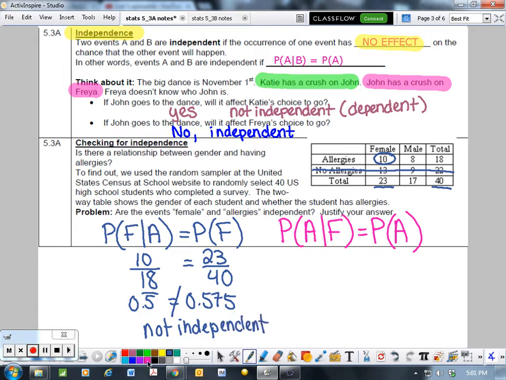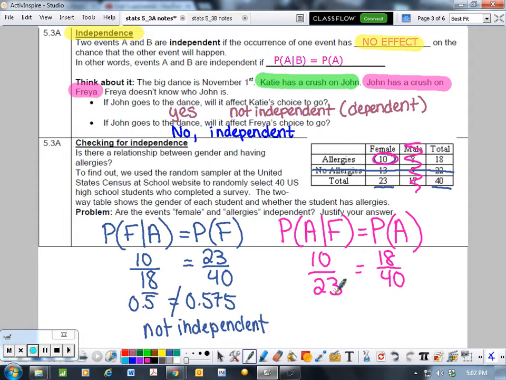Now if we were to do it the pink method, the probability of having allergies is 18 out of 40. The probability of having allergies given female, so now I know the only option is female, and allergies, so 10 people have allergies out of 23 females. And now I can check that.